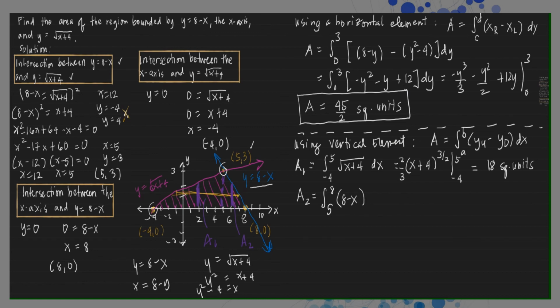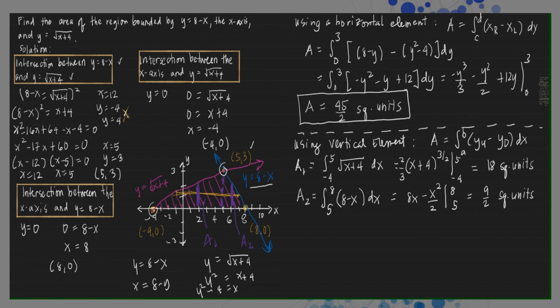So we just have 8 minus x dx. The integral is 8x minus x squared over 2, evaluated from 5 to 8. Again, solving this gives us 9 over 2 square units.